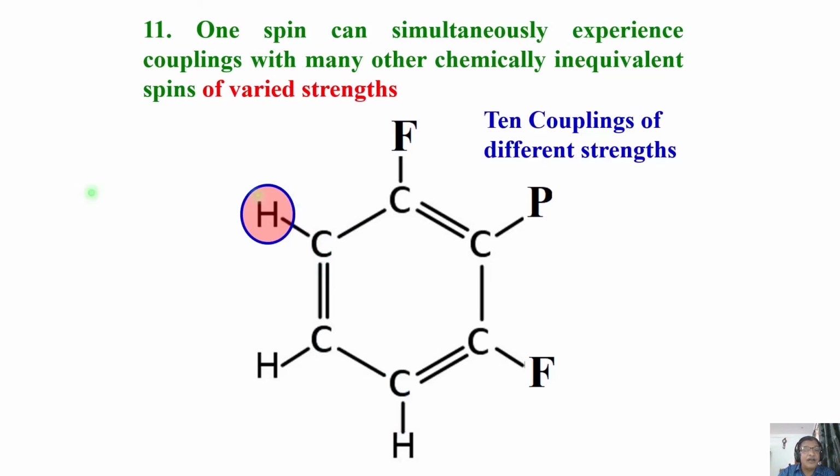See, for this proton alone, if you have counted, you would have got 10 different couplings. Assuming all nuclei are coupled to this proton, you can expect 10 different couplings.